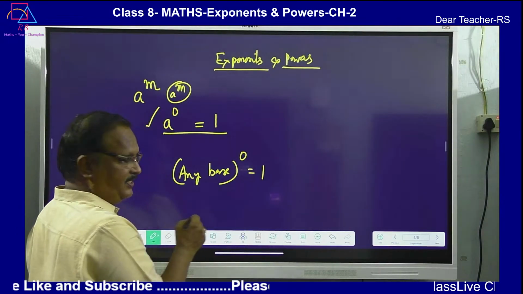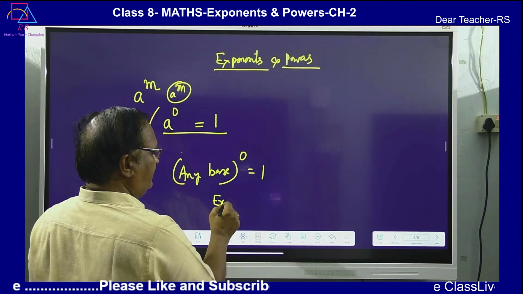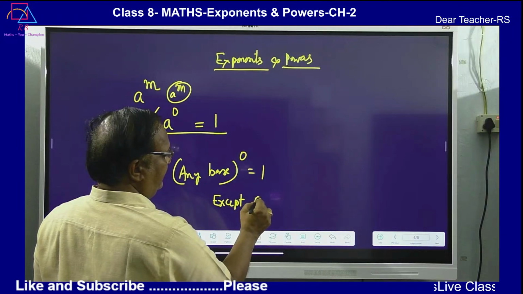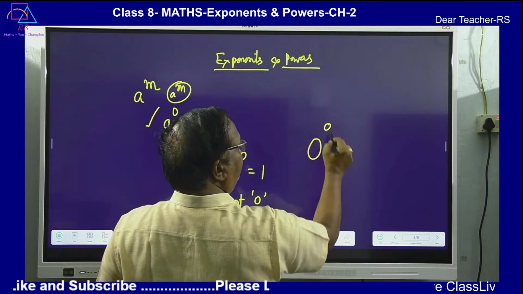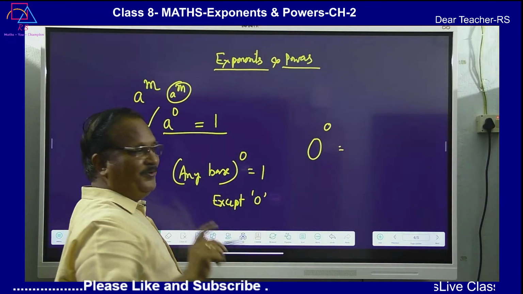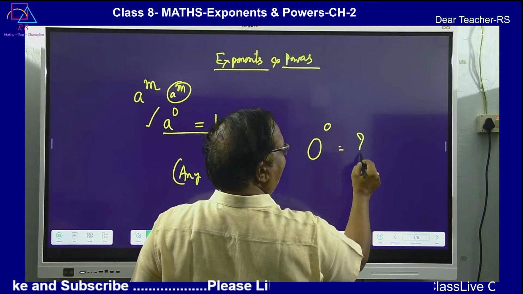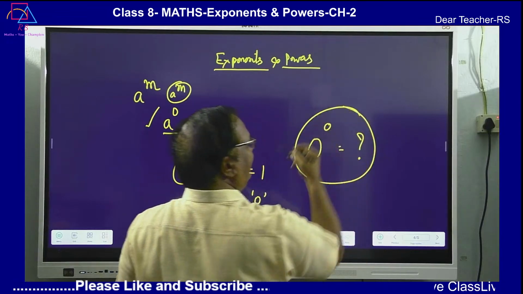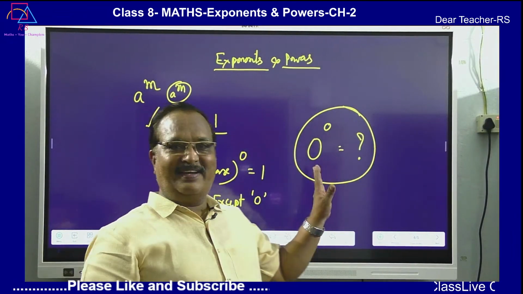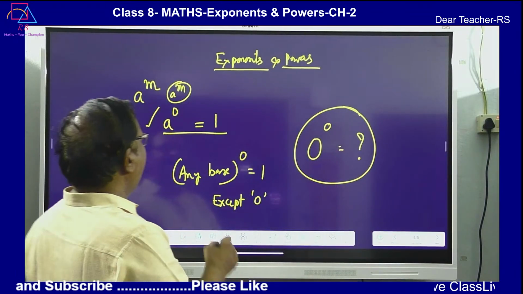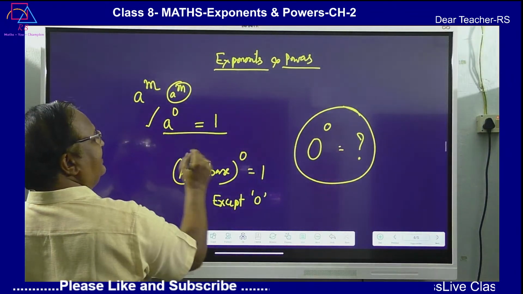There is an exception here, except 0. So what is 0 to the power of 0? No. You are going to learn in intermediate. Okay, this is a high level question. So that is why we are going to learn other than 0.